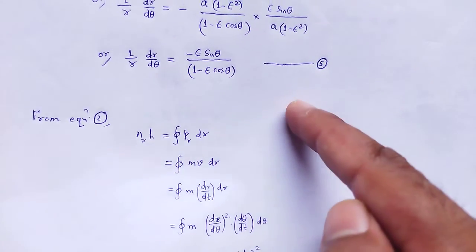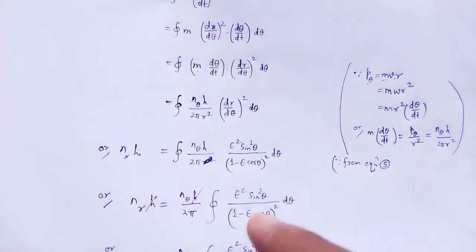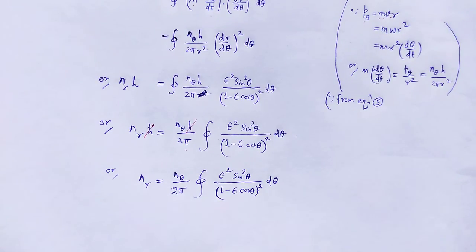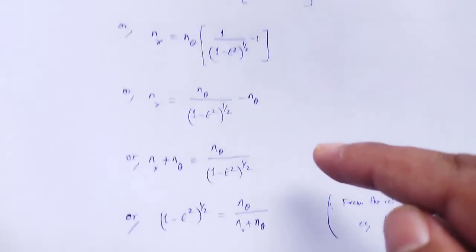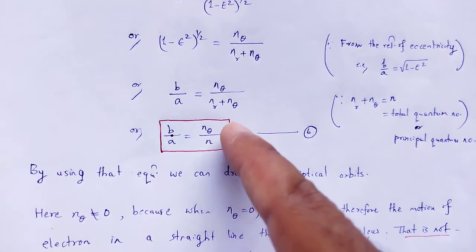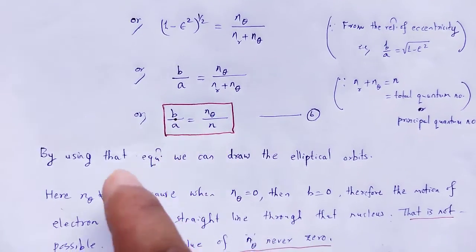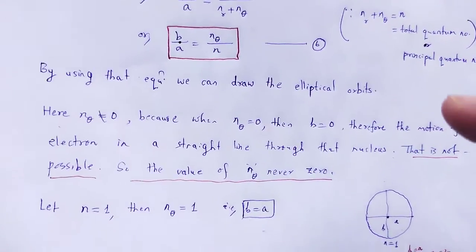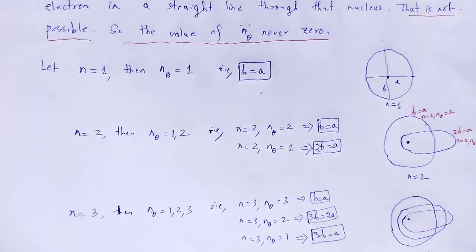Next, for quantization of radial momentum, this is the relation between the quantum numbers and the semi-major and semi-minor axis. By using that relation, we can easily construct what the shape of such orbits will be.